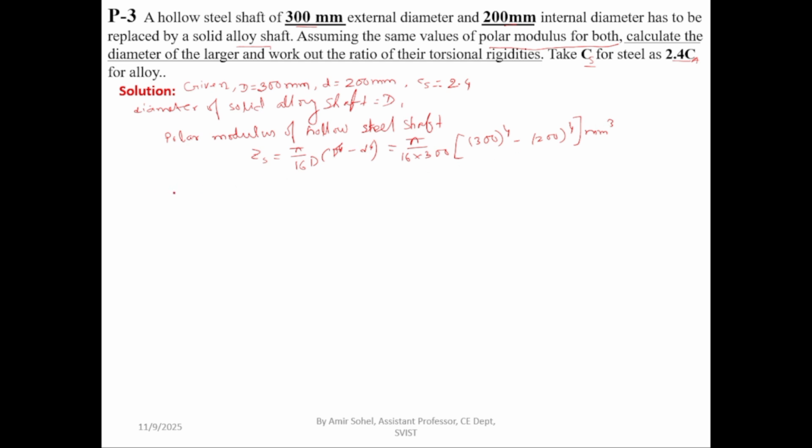Now similarly, the polar modulus for the solid alloy shaft, Za, is pi by 16 into D1 cube.